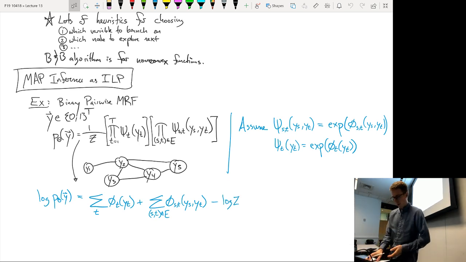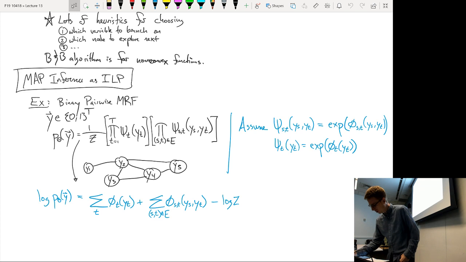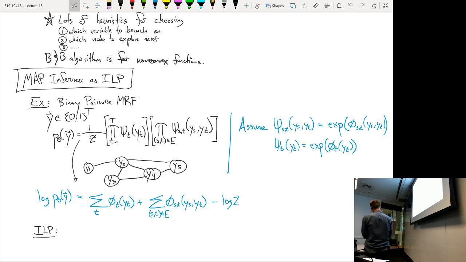So let's suppose finally that what we want to do here is say that we're trying to set this up as an actual ILP. So here, our goal is to find some y hat that is the argmax over all possible y's for the log probability of y.